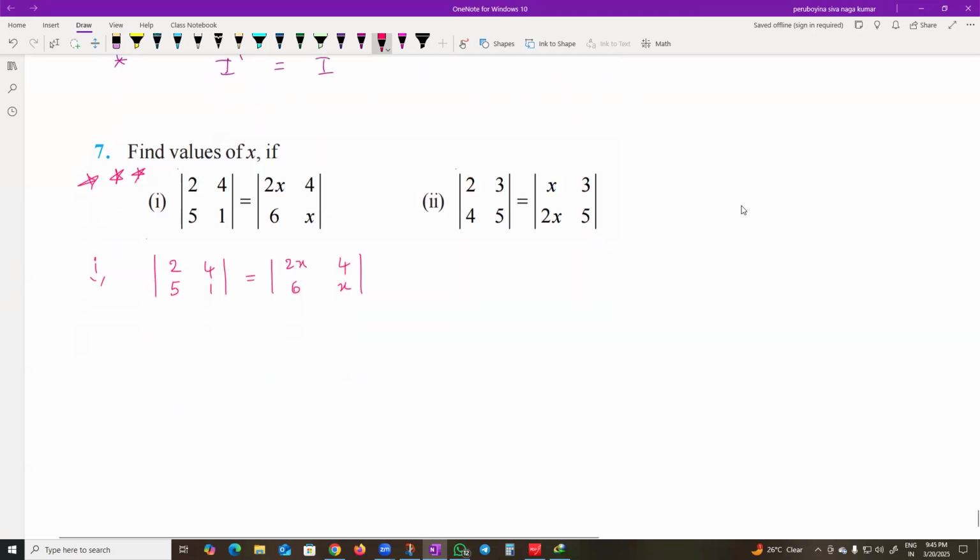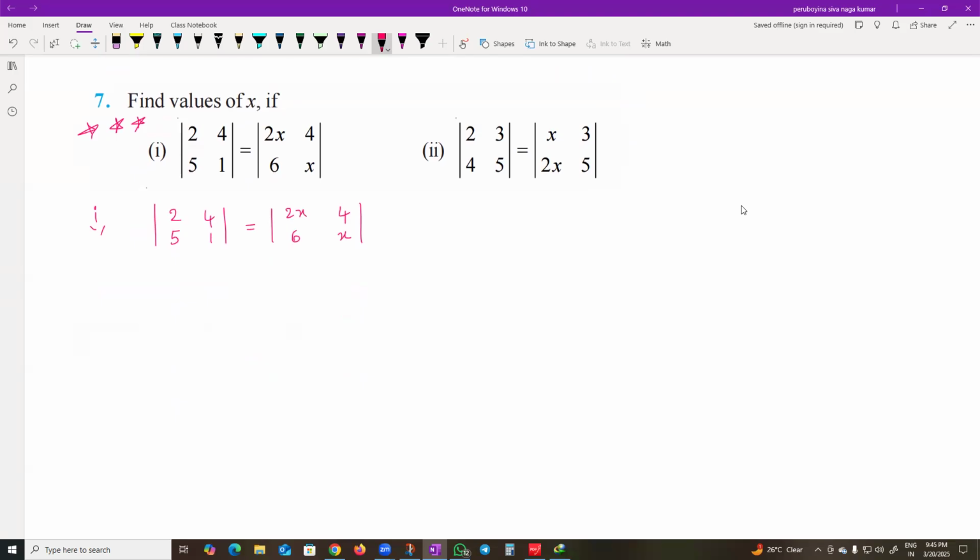Okay, consider the problem. And you know how to calculate a 2 by 2 determinant, AD minus BC, right? So 2 into 1 minus 5 into 4 equals 2x into x minus 6 into 4.